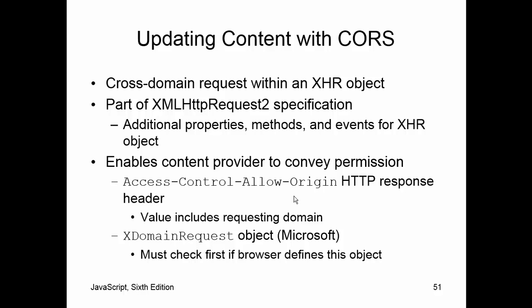This enables additional properties, methods, and events to be included with an XMLHttpRequest object. JSON-P leverages a gap in the same origin policy, and it relies on sites not using the technique for malicious purposes. On the other hand, CORS enables a content provider that wants to share its content to configure its server to convey that permission in its HTTP response to the XMLHttpRequest object.